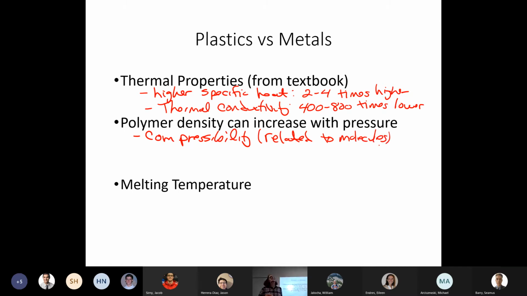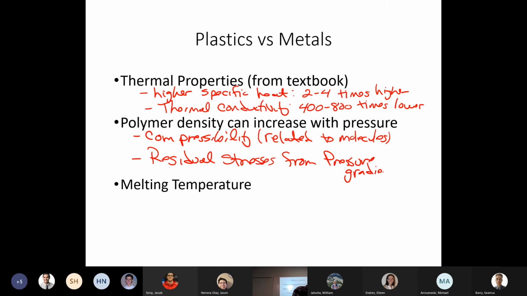The fact that those polymer molecules can align and get closer means that we can have some changes in density due to pressure. That also means that we might have both compression and expansion. Now, the basic statement that we will care about is that we can actually have residual stresses from pressure gradients.